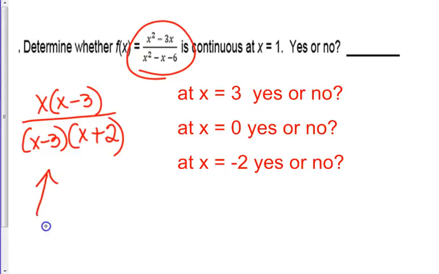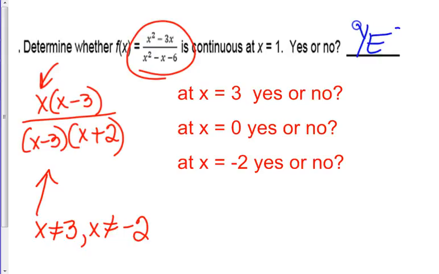The denominator says x cannot equal 3 or x cannot equal -2. Now, can x be 0? Yeah, because the top can be anything. The bottom is where the restrictions come in. So at 1, this is continuous. There's no undefined place there, so yes, it is continuous.